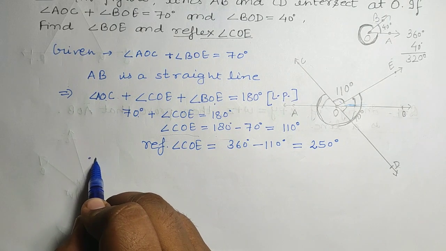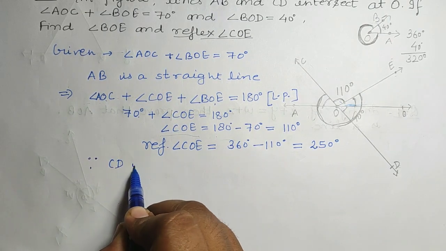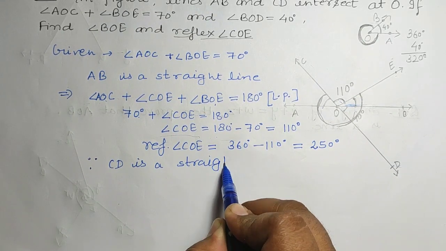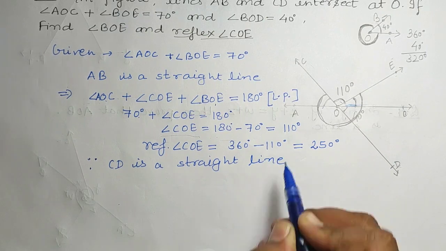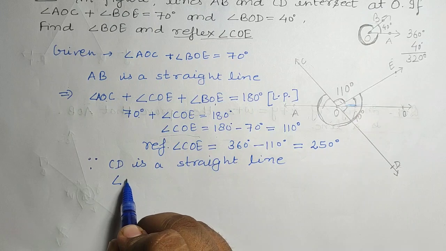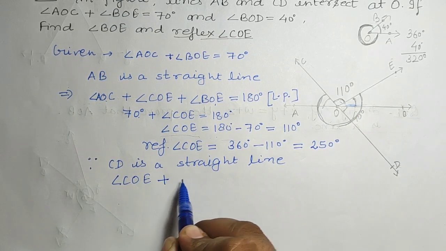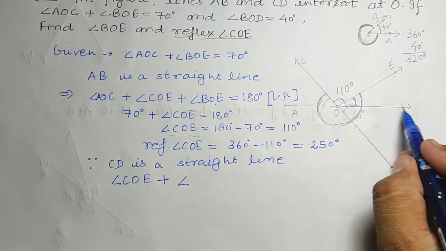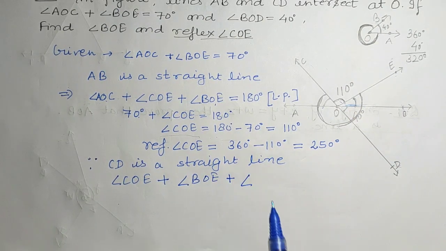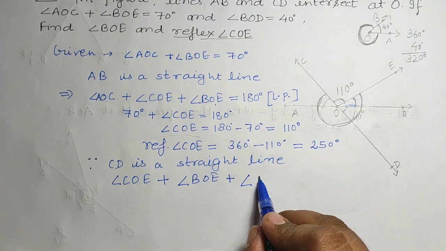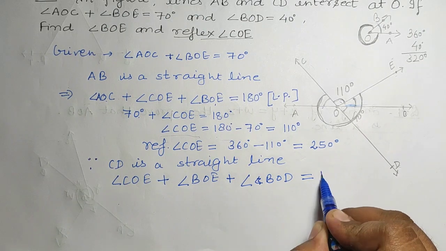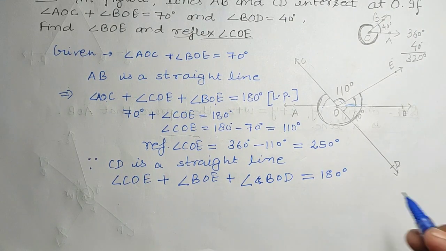So we'll write, since CD is a straight line, angle COE plus angle BOE plus angle BOD should be equal to 180 degrees.